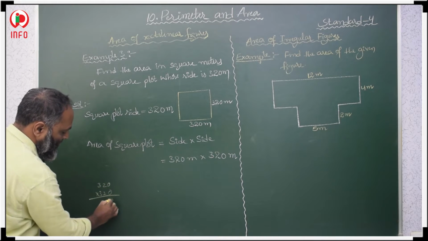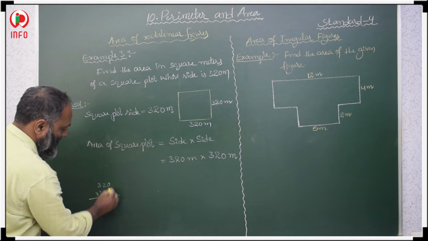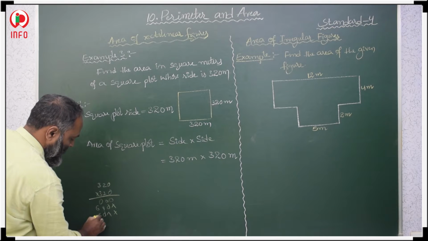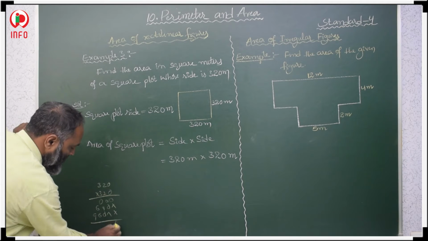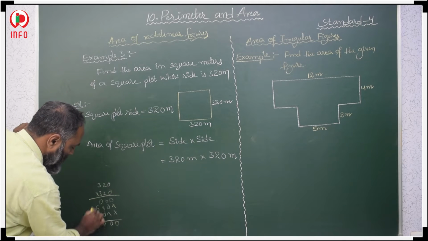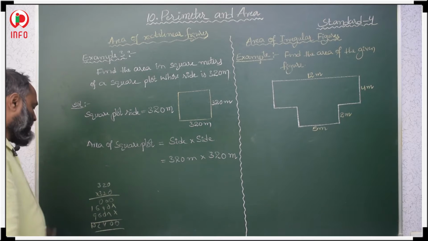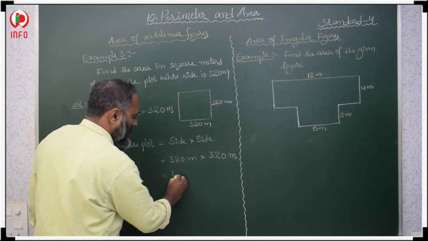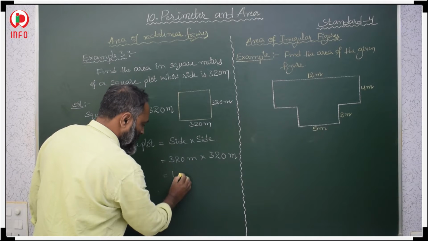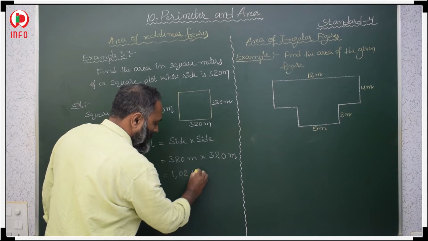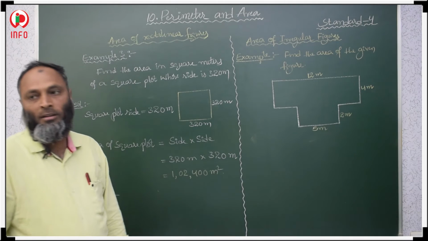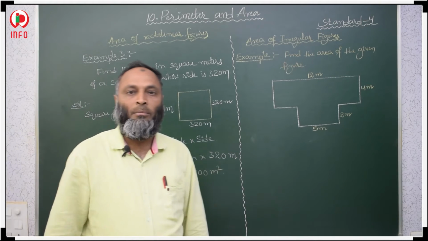First with 0: 0, 0, 0. Next with 2: 2 zeros are 0, 2 twos are 4, 2 threes are 6. Now with 3: 3 zeros are 0, 3 twos are 6, 3 threes are 9. So we get 1,02,400 meters square.